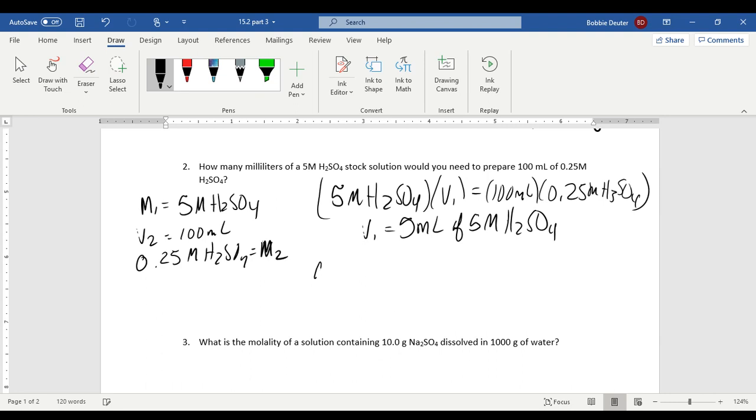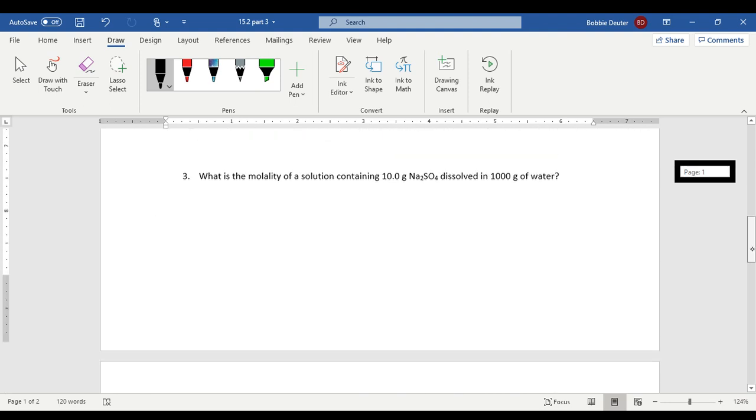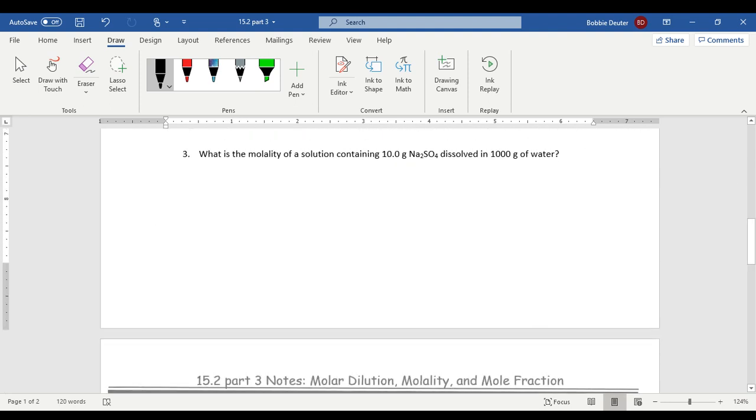And we will add that to 95 milliliters of H2O. One thing that's special about this, we cannot add the 95 milliliters to the sulfuric acid. We always add acid to water, and the water should be sitting within an ice bath, surrounded by an ice bath. That is for safety purposes because it creates an exothermic reaction. It gets really, really hot.